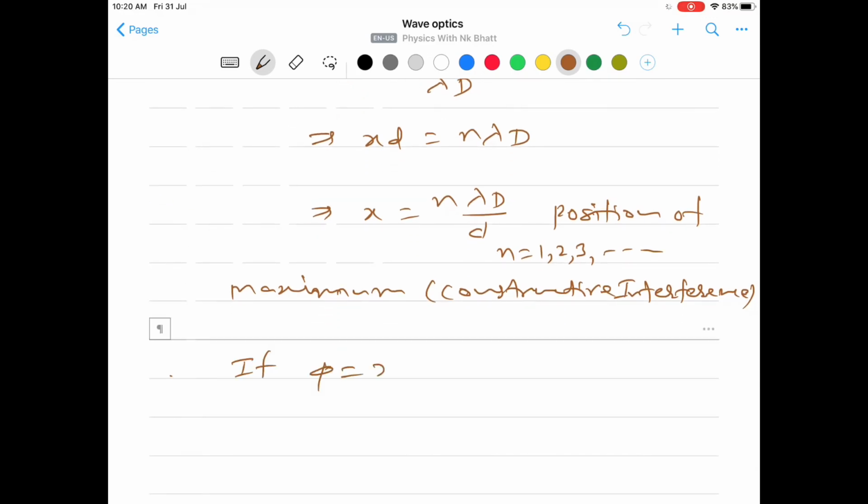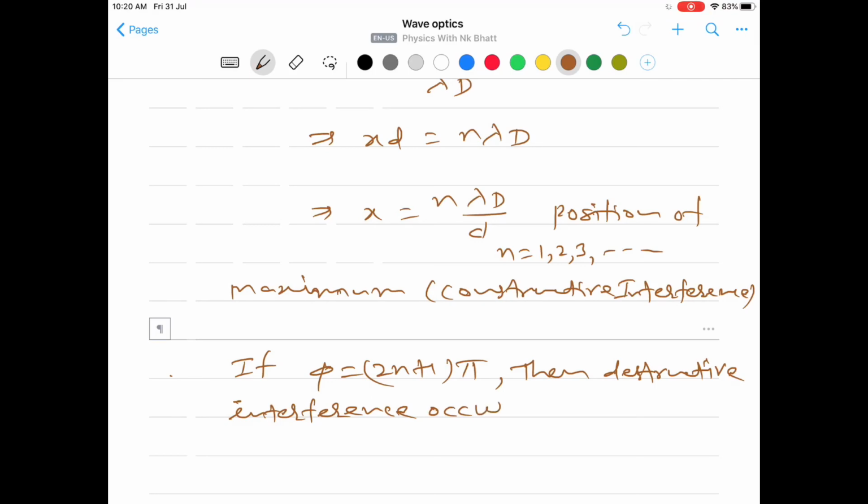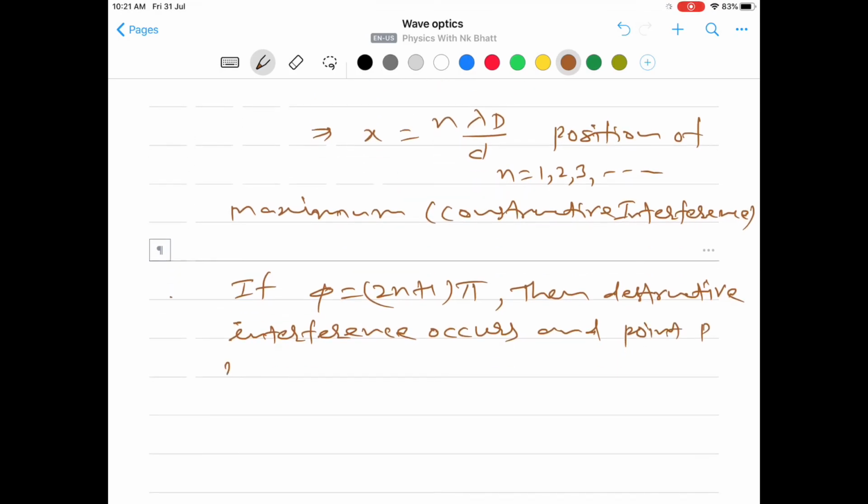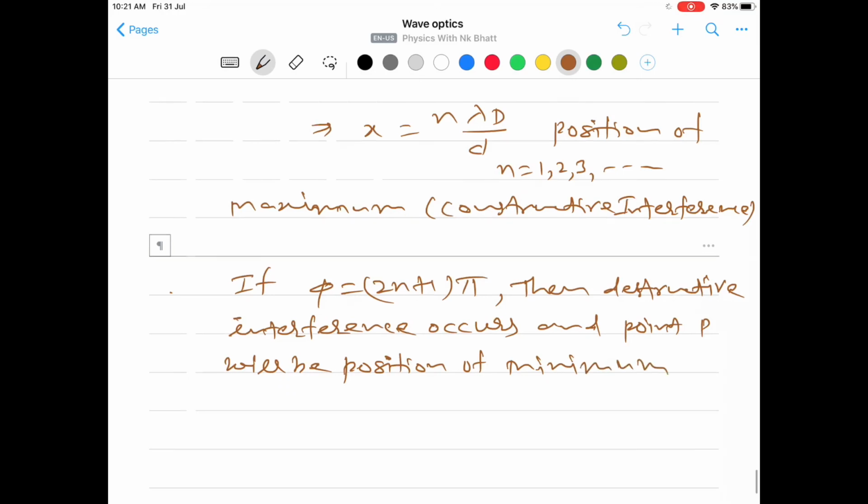On the other hand, if phi is equal to (2n plus 1) into pi, then destructive interference occurs and point P will be the position of minimum.